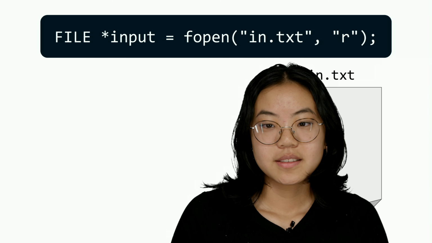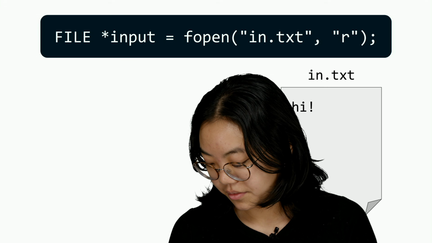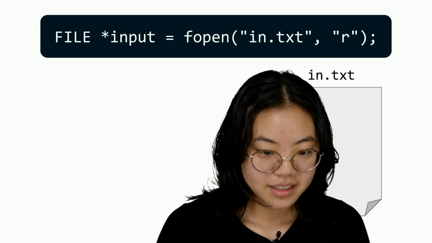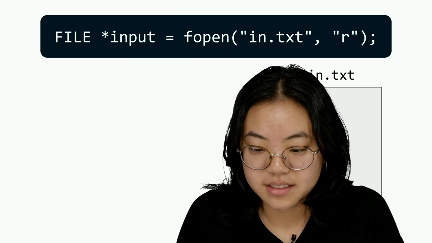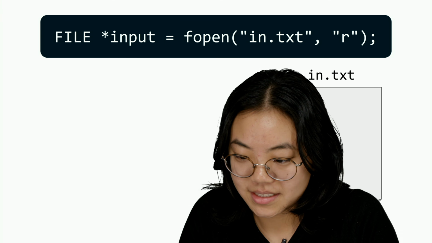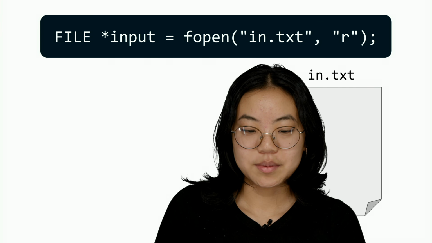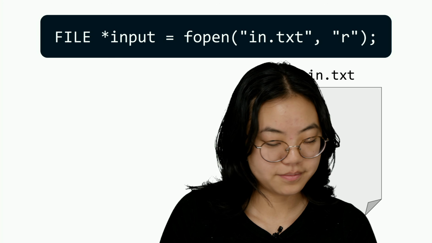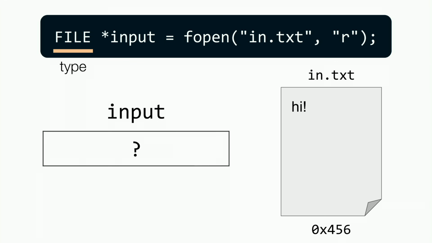Okay. So this first line of code here that we got a peek of in ./create was FILE *input = fopen("in.txt", "r"). So it's a lot of bits and pieces, but let's break down what that actually means. So input is the name of our pointer variable that we're creating.